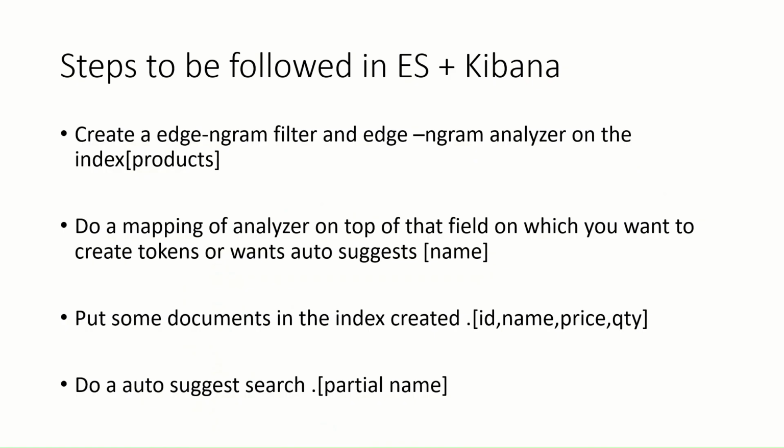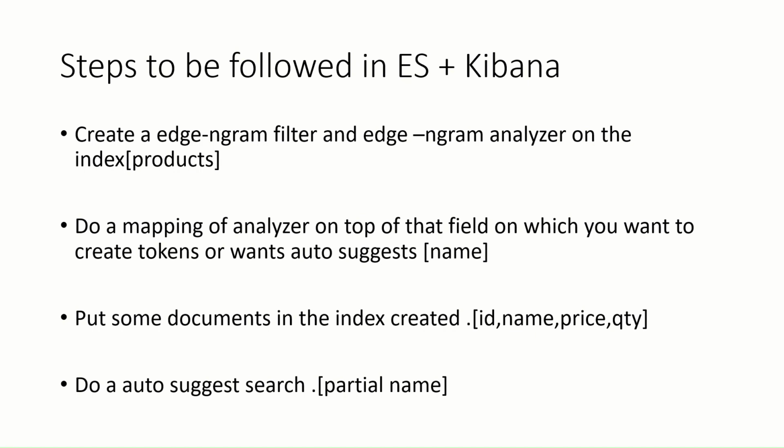First of all, I will do a couple of things in Elasticsearch and Kibana. There is a video on my channel where I have discussed edge n-gram, how to write the query for edge n-gram, and how edge n-gram helps us in doing auto suggest.